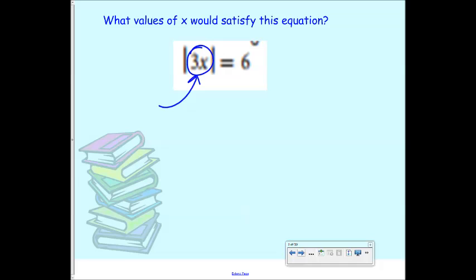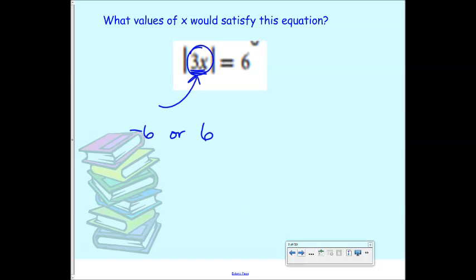There are two numbers that will give me an absolute value of 6. What are they? -6 or positive 6. So I'm looking for the value of x that could make this expression right here equal either -6 or positive 6.